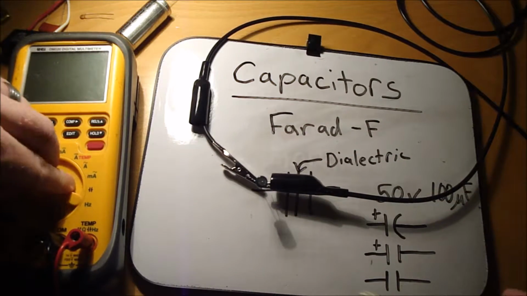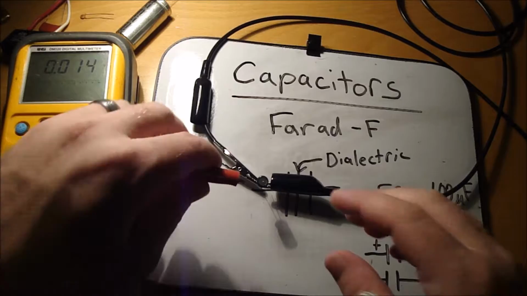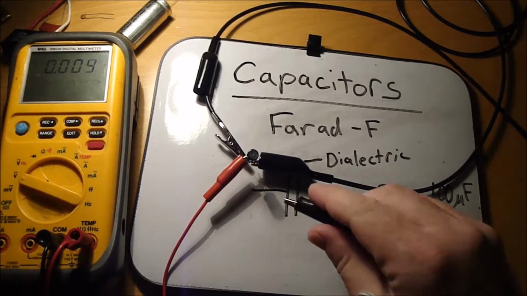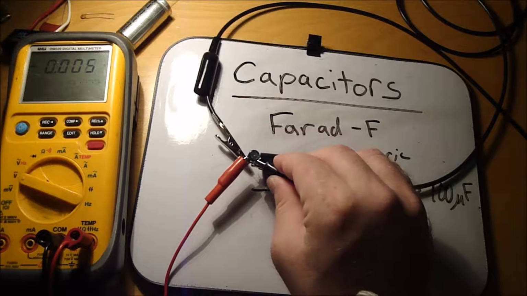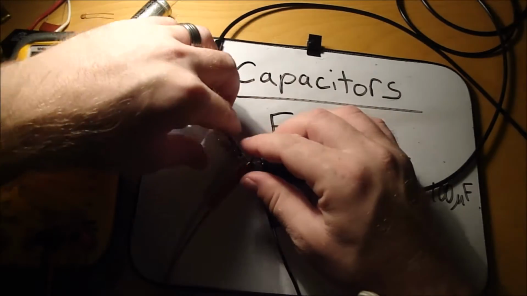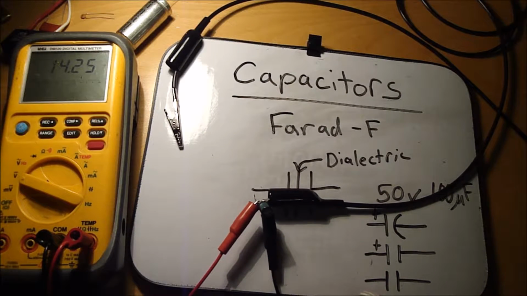I'll go ahead and put my meter on it to prove I have it set up correctly. Alright, there we go. So it's showing 14.3. I'm going to disconnect it from the circuit. And there you can see it's holding a charge, but it is dropping.